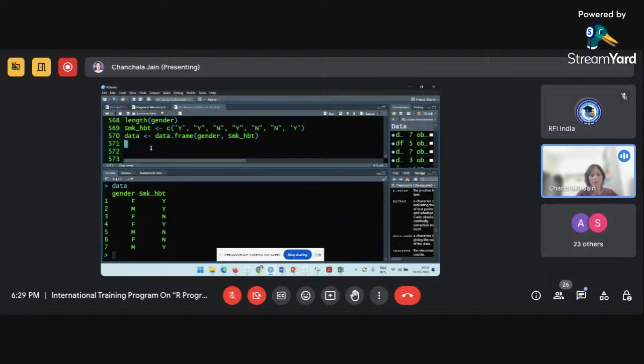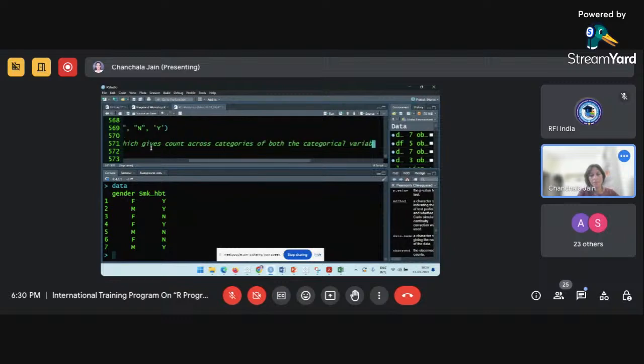And I need to tell you one concept here before going further. Maybe you have heard about contingency table, right? So it's a two-way table which gives count across categories of both the categorical variables, right?